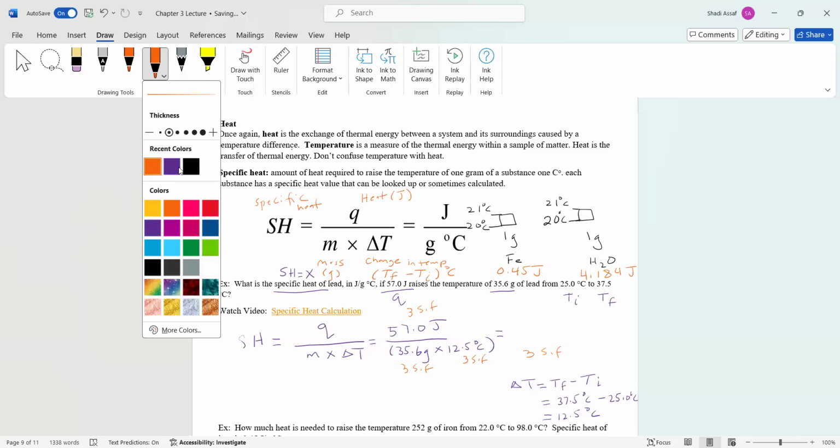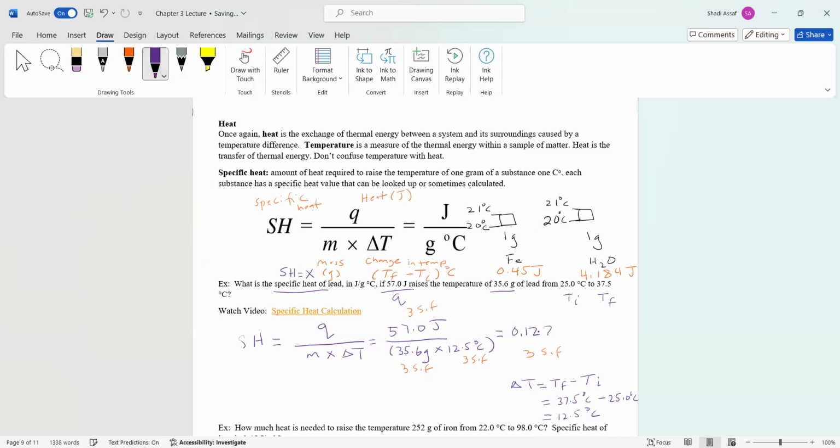And when we calculate this value, okay, I'm about to calculate it right now. So 57.0 divided by 35.6 times 12.5, you get 0.128089.